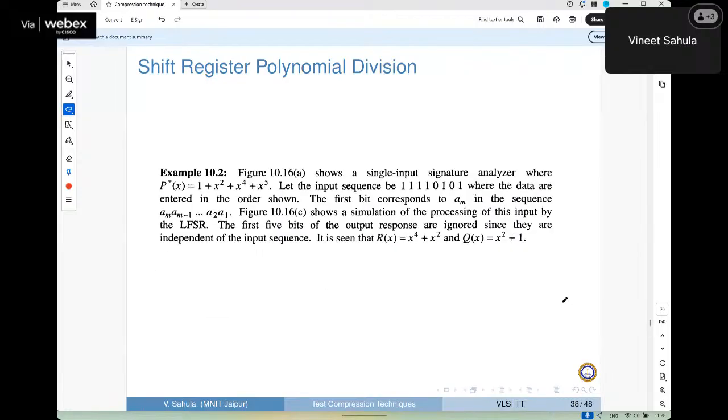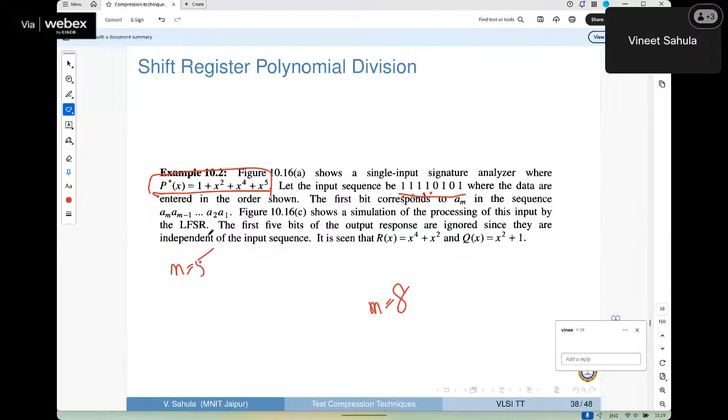The example is he is giving some circuit. He is saying realize the LFSR with this, let the input sequence be this, and find out the compaction. The length of this sequence is how much? M equal to 8. What is the order of the LFSR? 5.